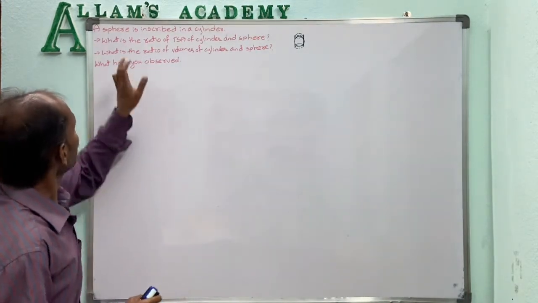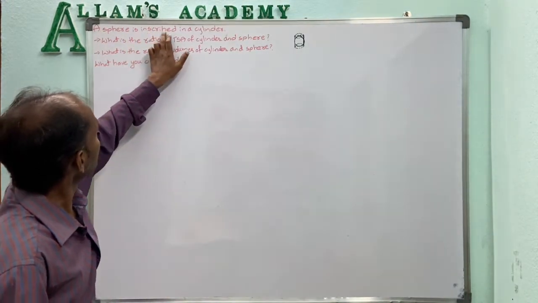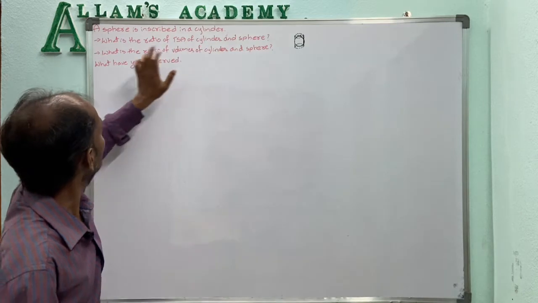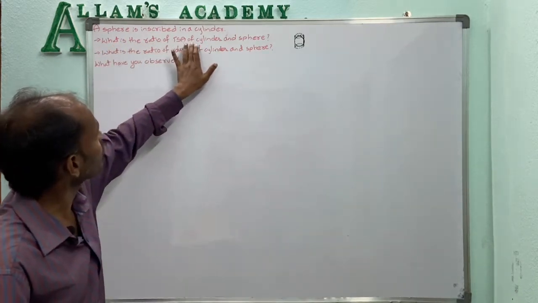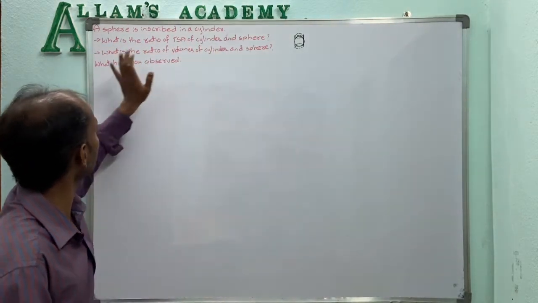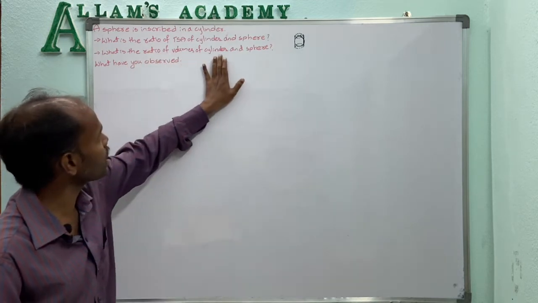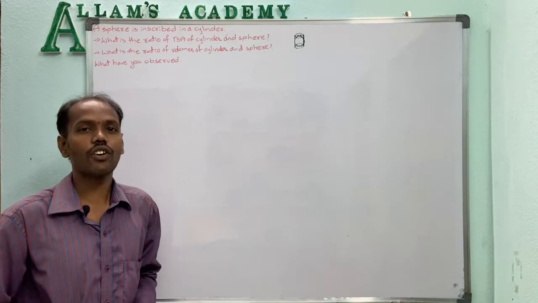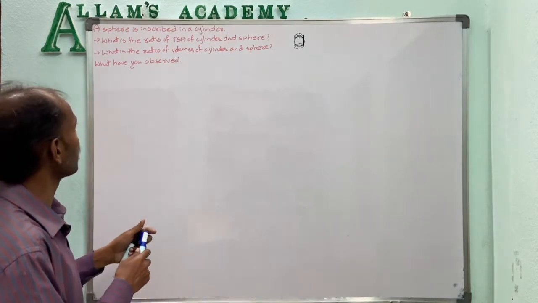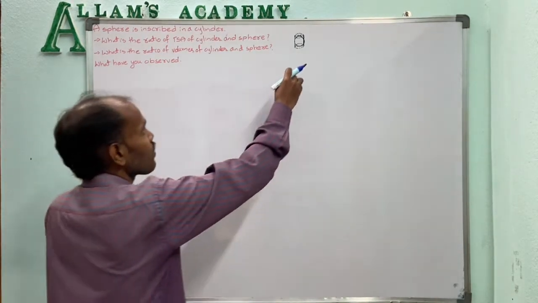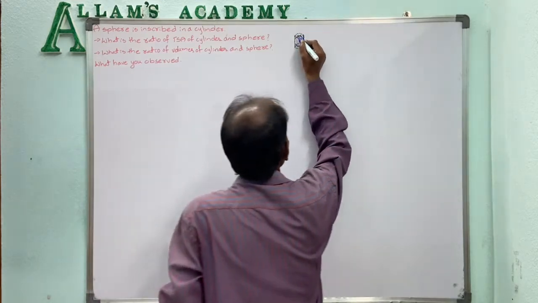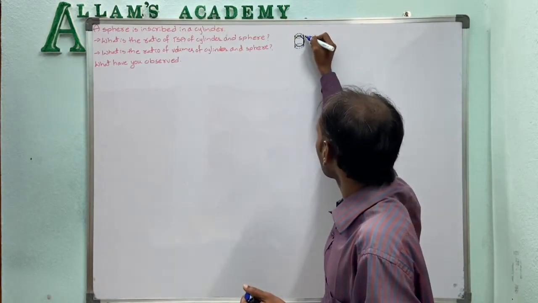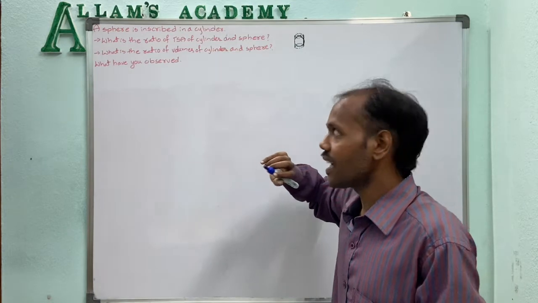Here it is given a sphere is inscribed in a cylinder. What is the ratio of total surface area of cylinder and sphere? What is the ratio of volumes of cylinder and sphere? What have you observed? That is the question given. So here if we observe, the sphere's diameter is nothing but the height of the cylinder.